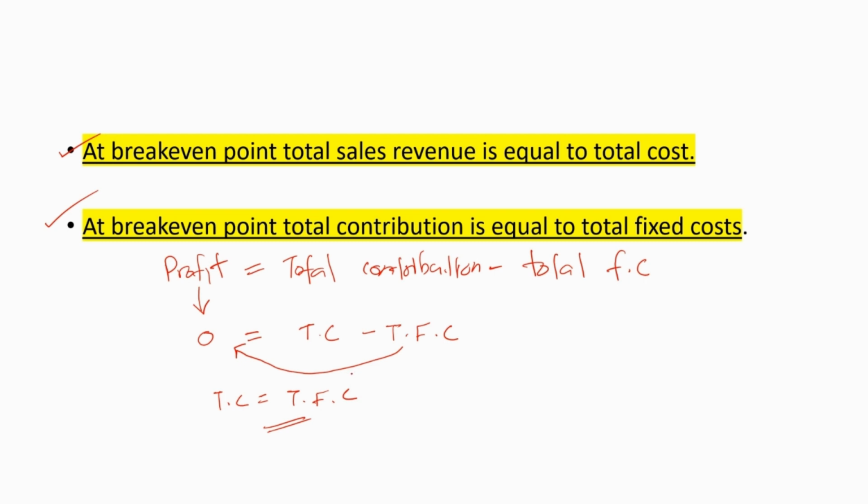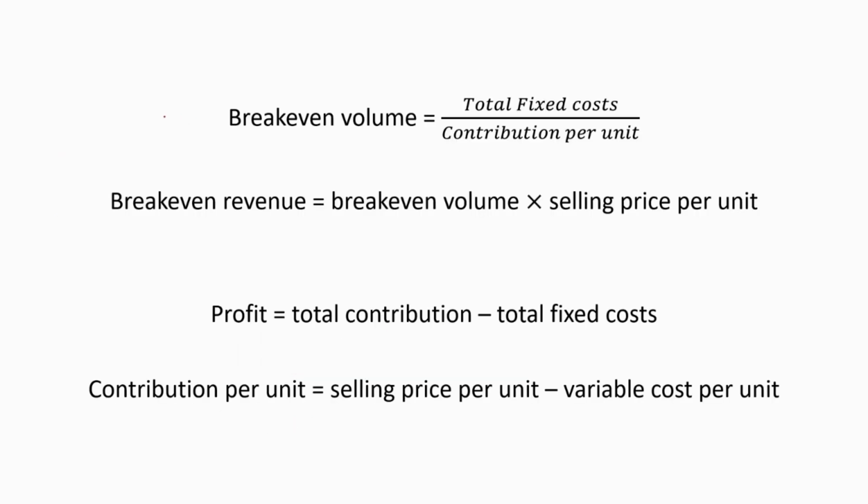You need to know about this equation when it comes to calculating the break-even point. This is the formula we can use to calculate the break-even volume. This is where we are calculating the volume at which the break-even point occurs. Break-even volume is equal to total fixed cost divided by the contribution per unit.